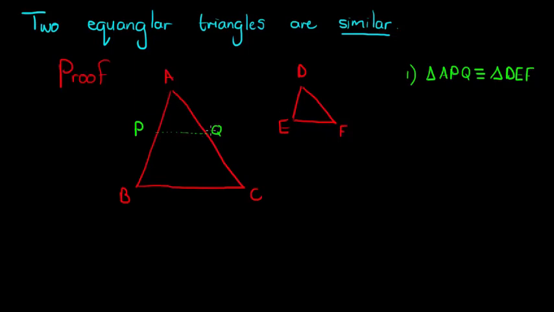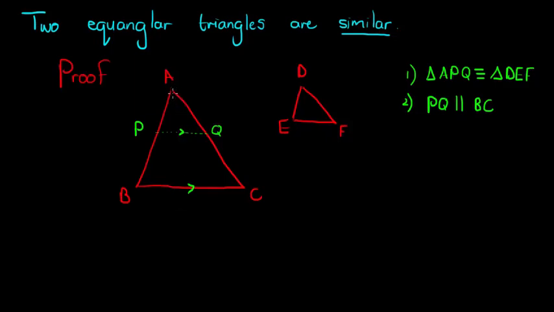So we're going to draw this triangle congruent to that triangle. Now, if they are congruent, the second thing that we're going to show is that PQ is parallel to BC.